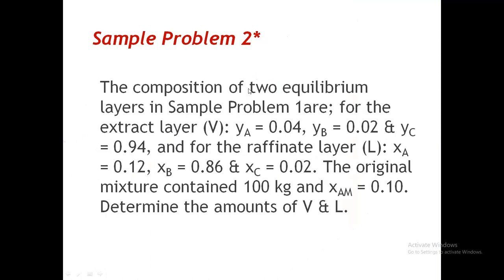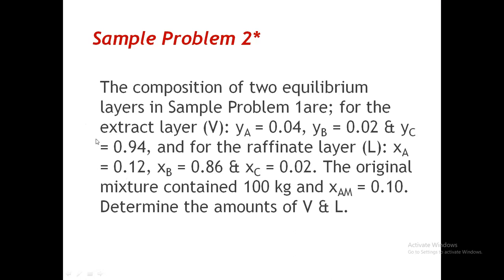Now, sample problem number 2. The composition of the two equilibrium layers in one is already partly determined, class. These are the answers already, after doing the one that I've shown to you in the Jamboard. For the extract layer, you have 4% of acetic acid, 2% of water, and 94% of solvent. True, because this is the extract layer. This is the solvent-rich layer, as it's referred to in other reference books.